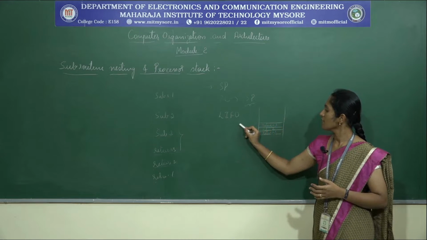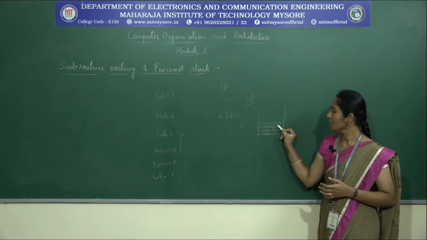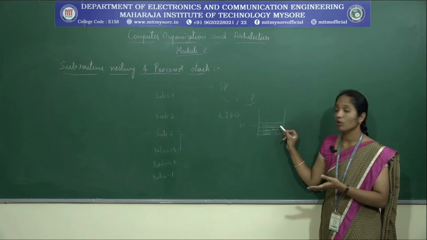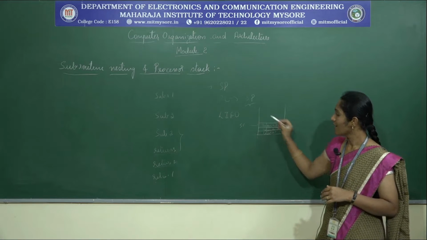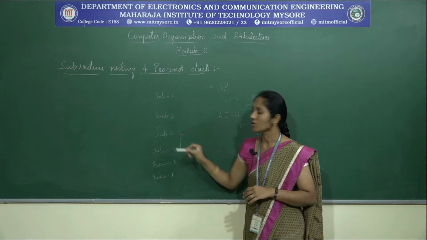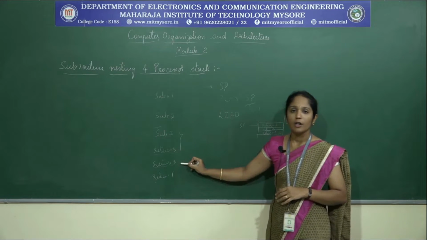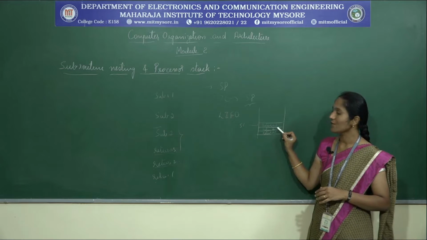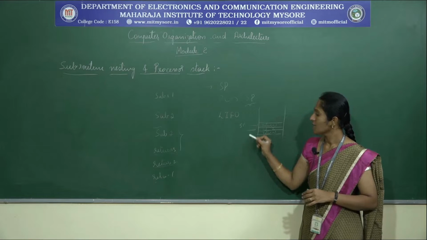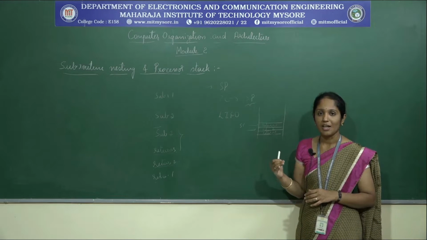Since the stack pointer points to the top of the stack, the return address of the third subroutine is the first element present on the stack. Therefore it retrieves that address and resumes execution. Similarly, when it comes to the second return, it retrieves the second address, and resumes the execution from the point where the second subroutine was called.